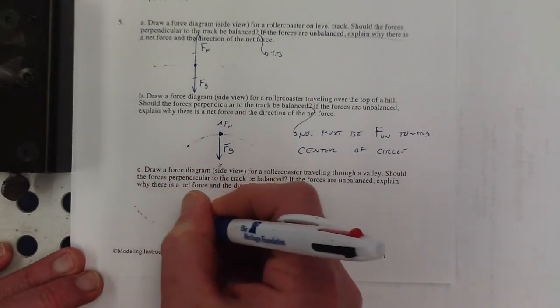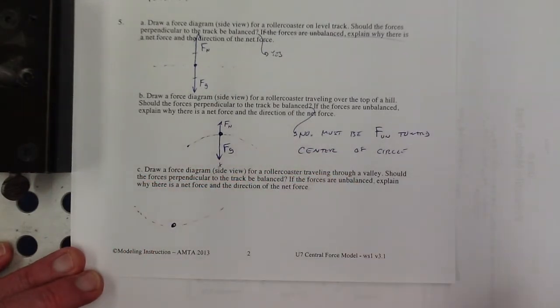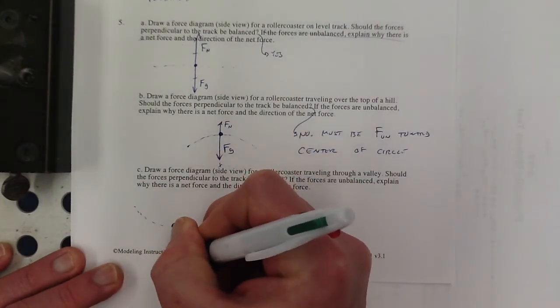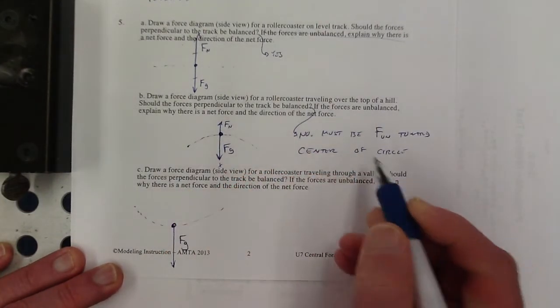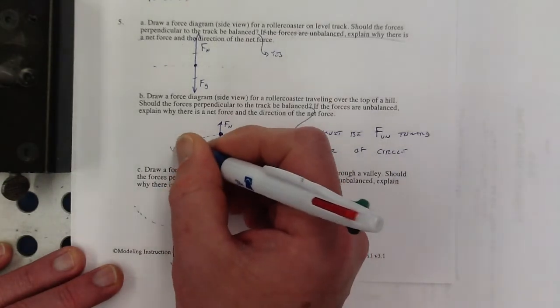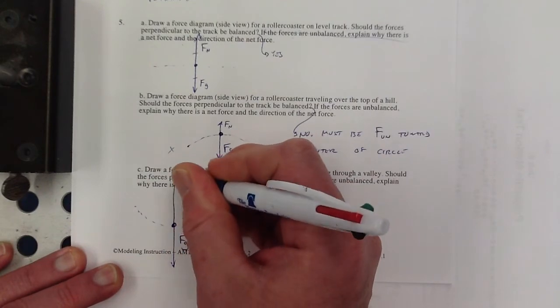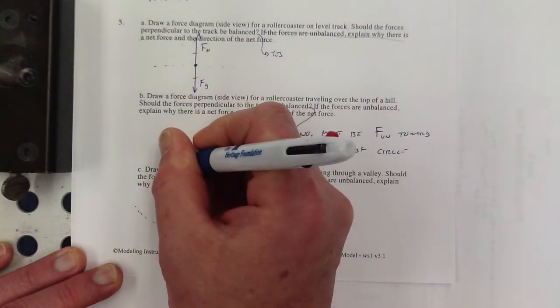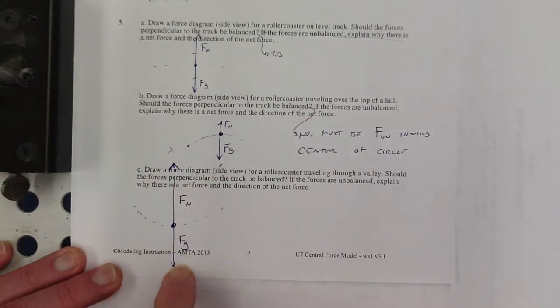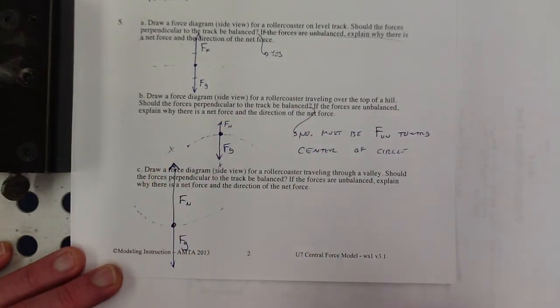Now the roller coaster goes through a valley. Well, we just said it, didn't we? There must be unbalanced force toward the center of the circle. The center of the circle now is up here. So the support force is going to have to win versus gravity.